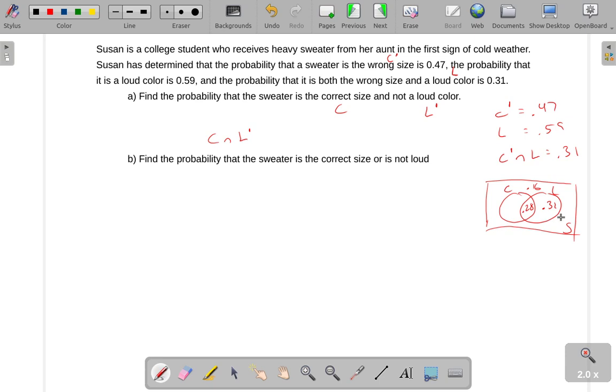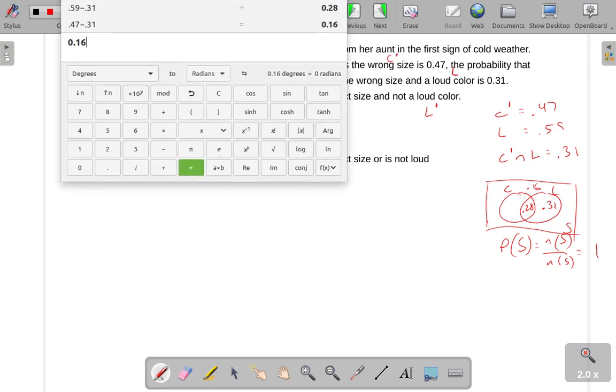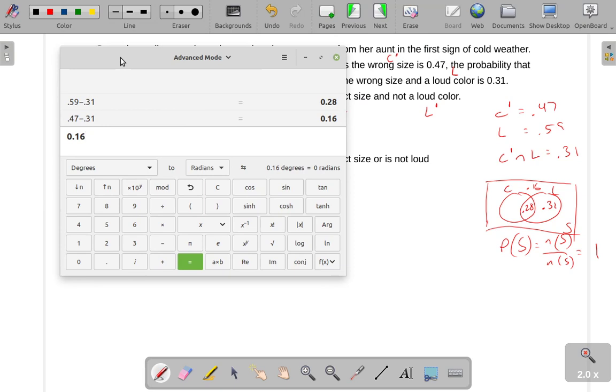The probability of S, n of S over n of S, is the size of something divided by itself, so it has to be 1. The total probability of the sample space should sum up to 1. So if I take 0.16 plus 0.28 plus 0.31, so far I have 75% of the total area accounted for.